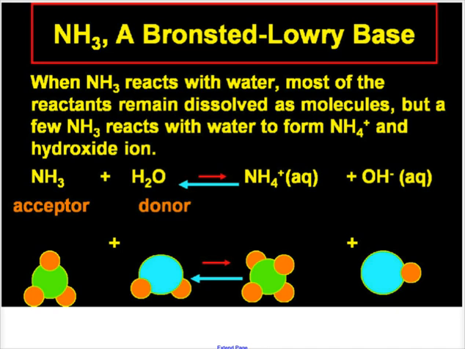A proton acceptor is a base. Water serves as the proton donor, so water is serving as the Bronsted-Lowry acid. Arrhenius would not call water an acid or a base. So this is another example of how we can apply that concept of the Venn diagram.